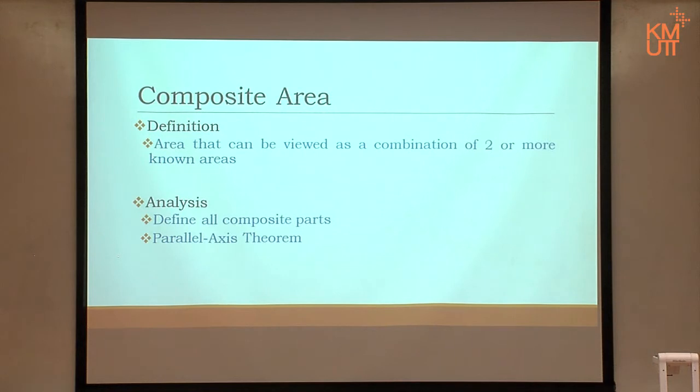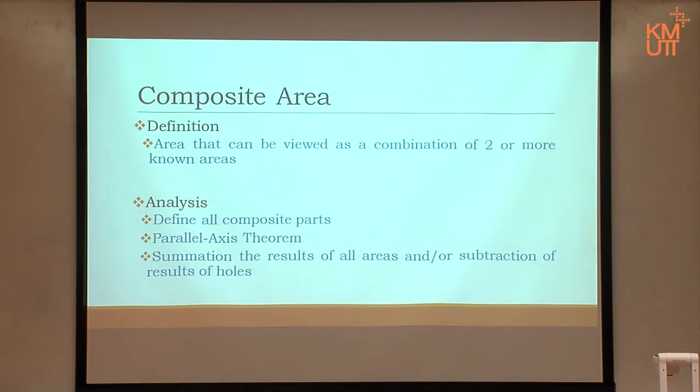And then we combine or subtract the values to get the summation for the total area. So that's the concept. In essence, in this part there is no new theory yet, right? It's something that we already know. Rather than having to cope with one area, now it's a bigger area that is made out of two areas or more. Okay, let's see some example.